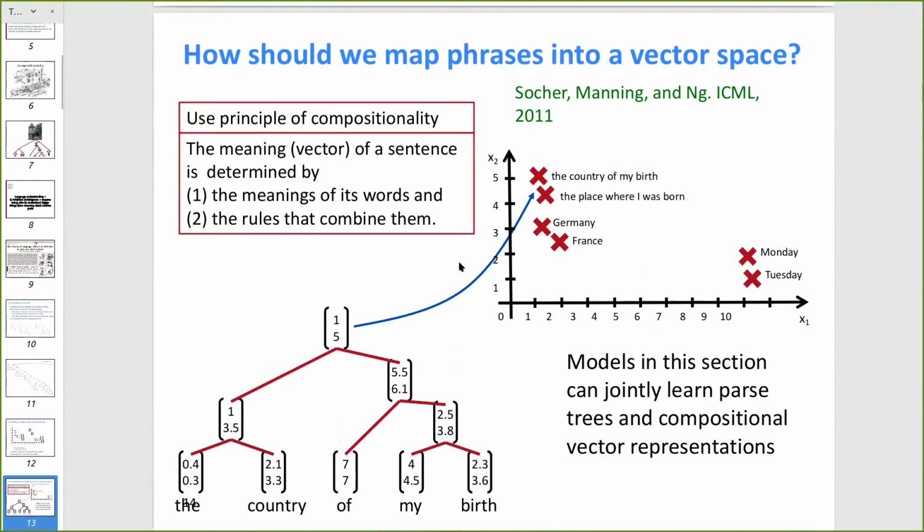That can be done using the principle of compositionality. There are two things here: one is the meanings of the words of the sentence, and the other is the rules that combine them. So if we have to find a vector space representation for a given phrase or a sentence, these are the two things that have to be considered. Every sentence has its own set of words, and the meanings of those words have to be preserved.